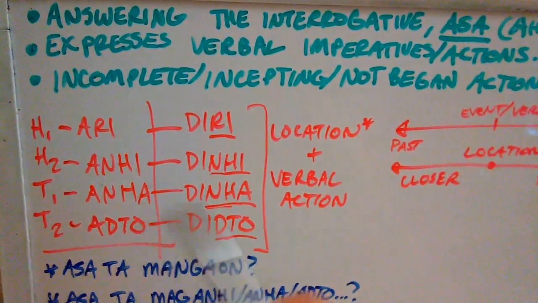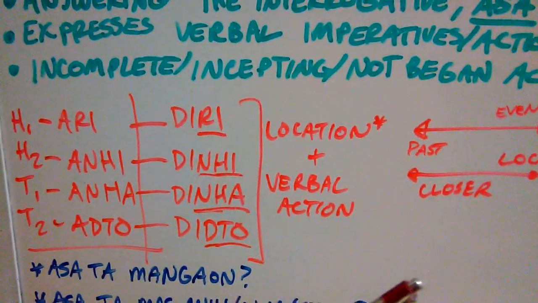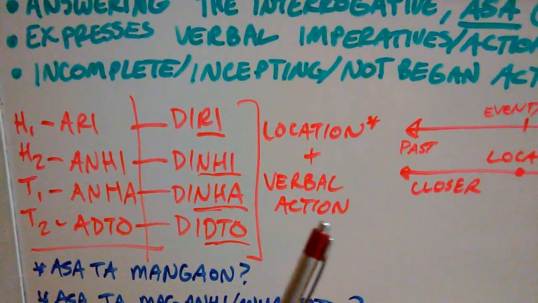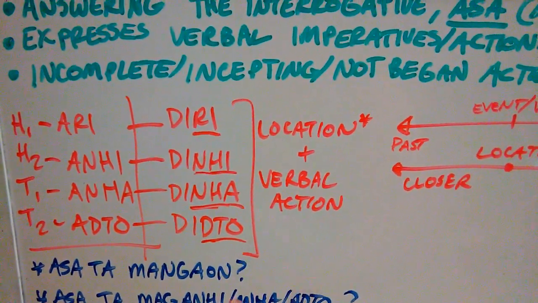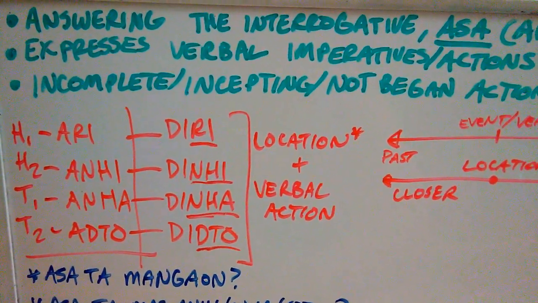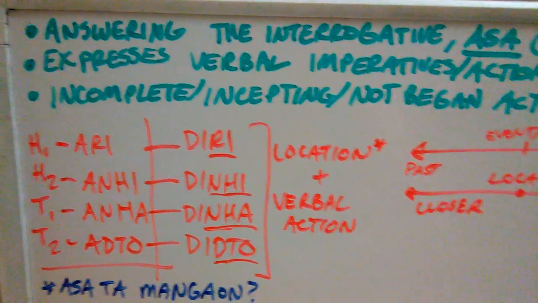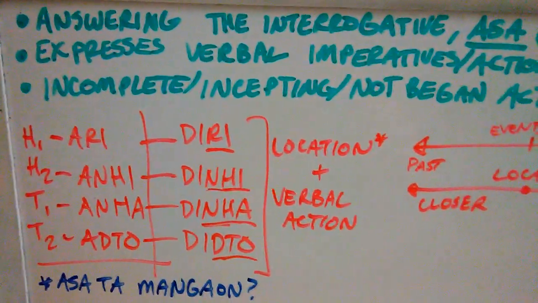I don't need to go over them, but I do need to talk to you about the combinations that they can be used in with these words here. Now, because these are verbs that express motion or movement, they will need to have some sort of destination.